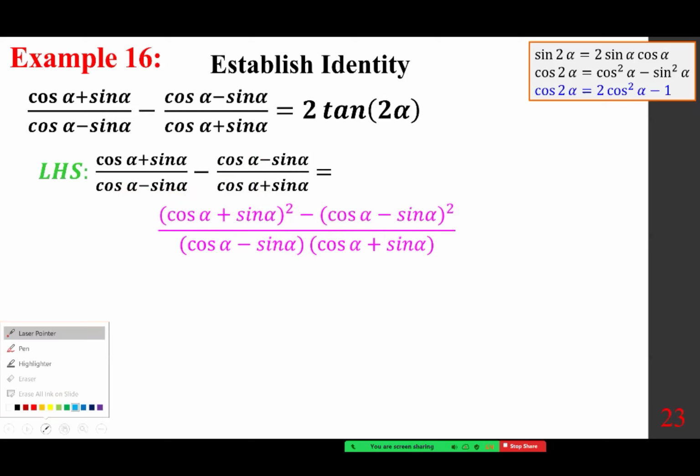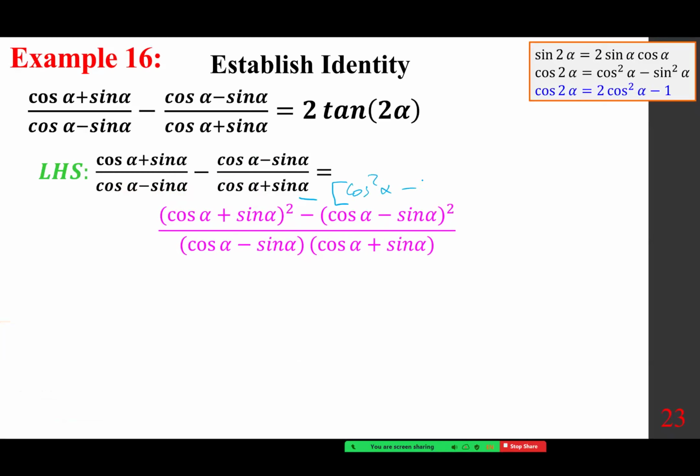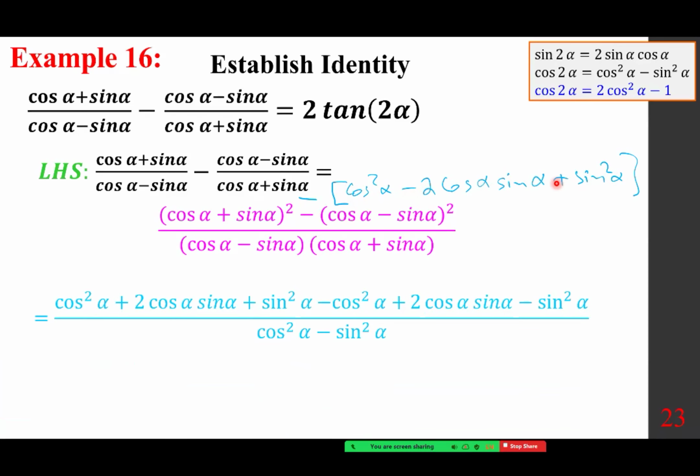So minus cosine squared minus 2 cosine alpha sine alpha plus sine squared, and we are going to change the sign of everything inside the brackets. This becomes negative, positive, negative, and there you have it.